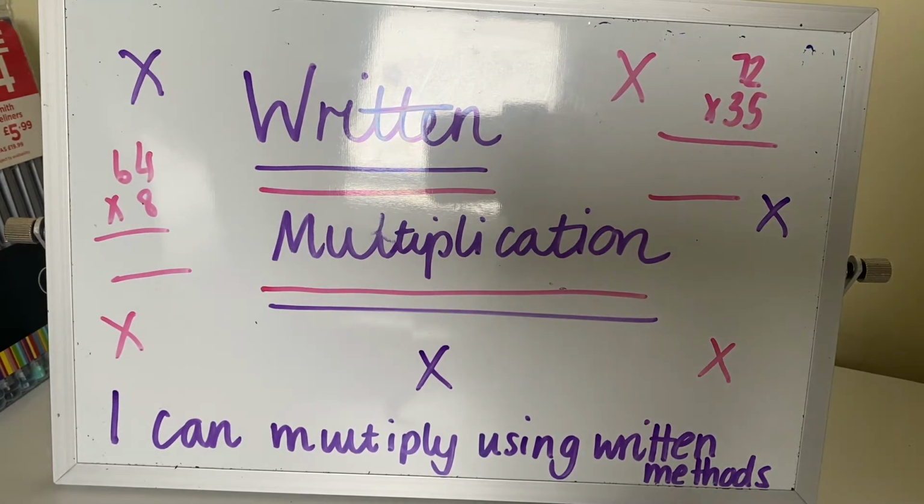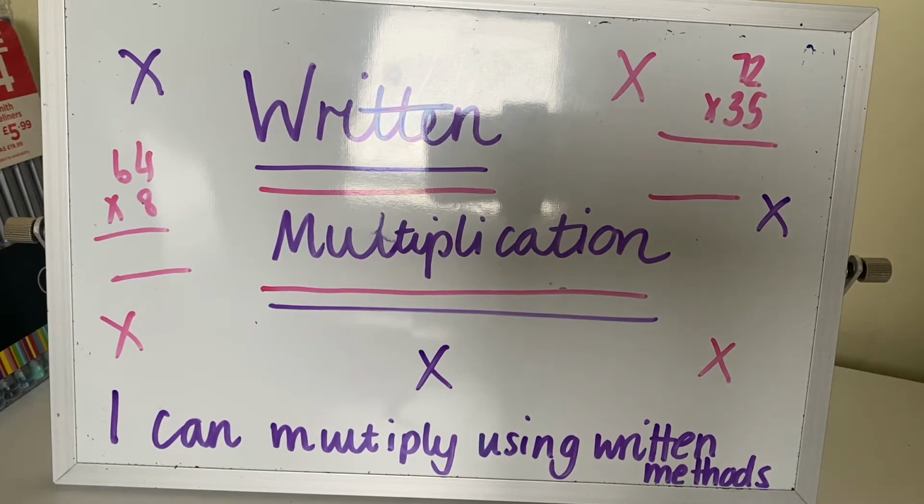So previously we have been working on doing mental multiplication, which has involved figuring out answers, really aiming without writing anything down, or using methods that can help us do the calculations mentally, a lot of times table work.